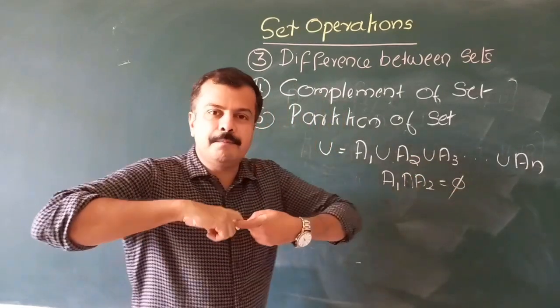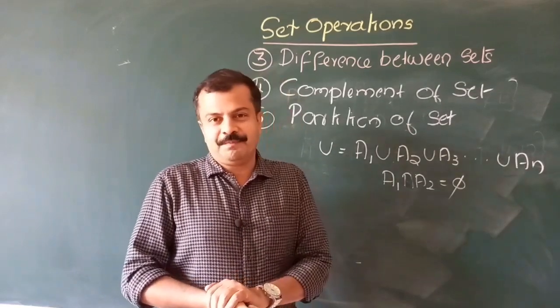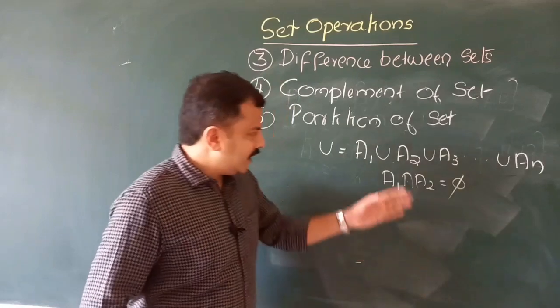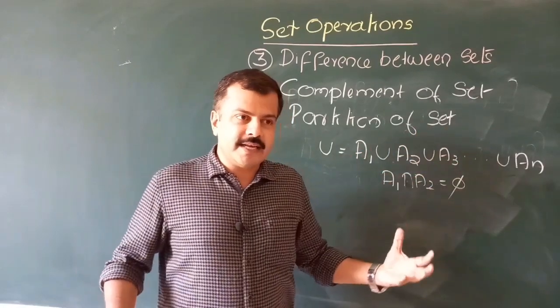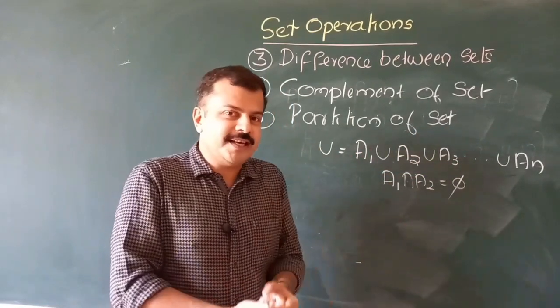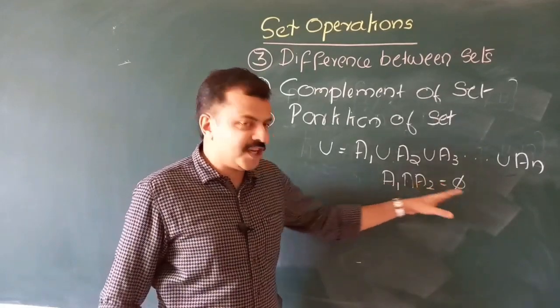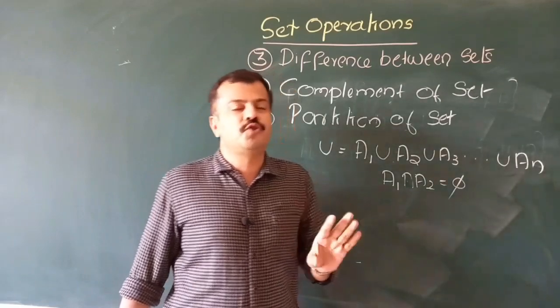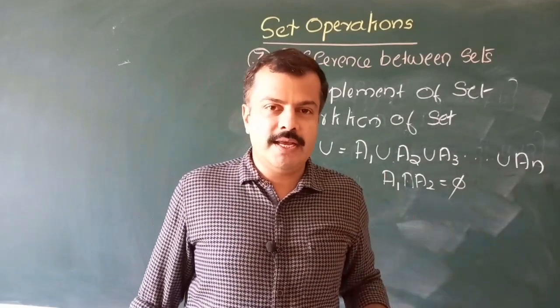There will not be any part that is common to these sets. So the union of these sets forms the original set, and the intersection between these subsets will be empty, because they are non-overlapping, mutually exclusive sets.